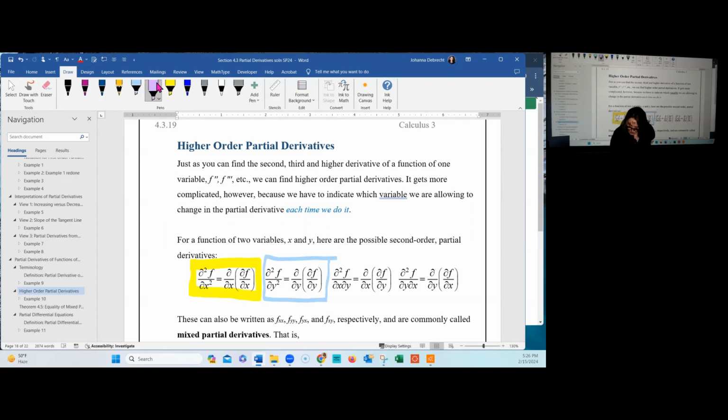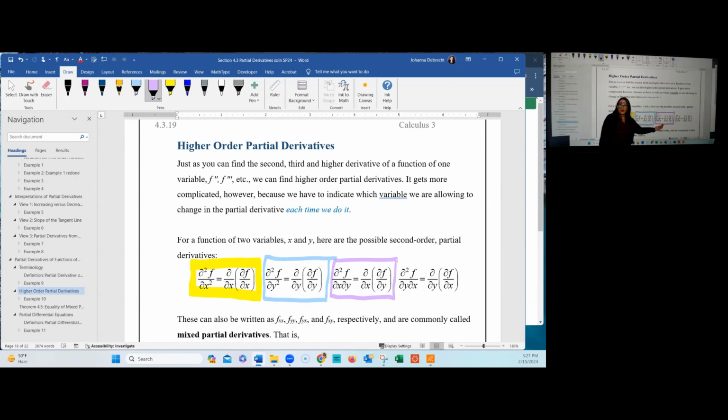Let's now take a look at the purple highlighted box. Again, we have the second partial derivative of the function f. However, when we look at the bottom, notice that it has different partials. This indicates that we're taking a partial with respect to y first, and then with respect to x.